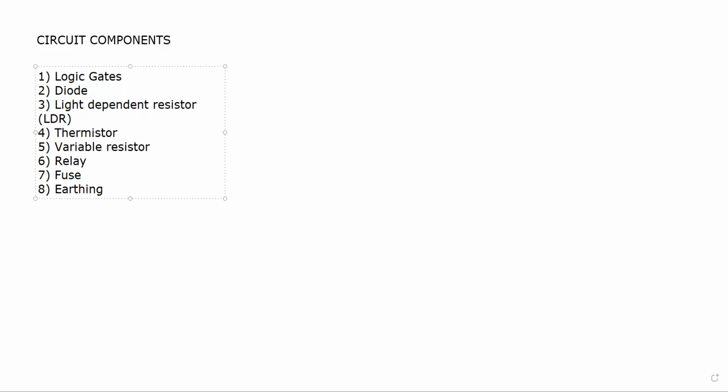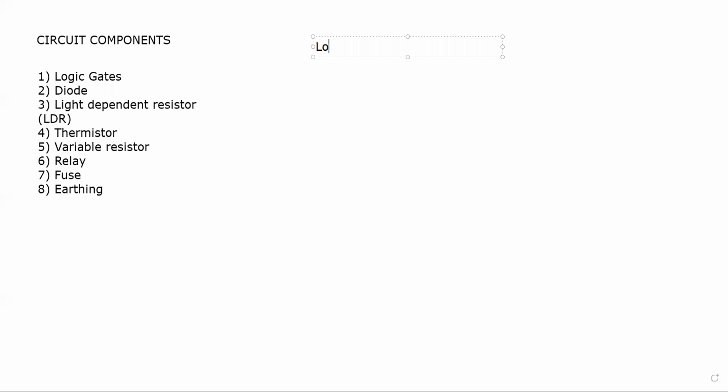So these are the circuit components we will discuss: logic gates, diodes, light dependent resistor, LDR, thermistor, variable resistor, relay, fuse, and then earthing.